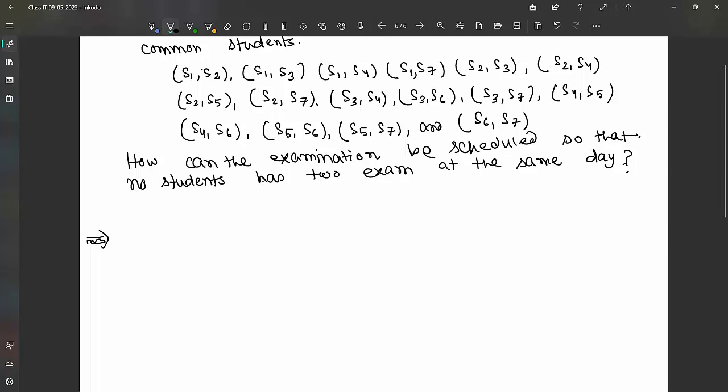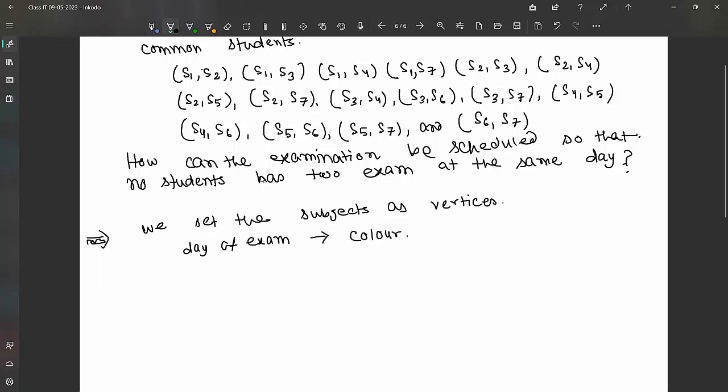So the subjects, we set as vertices, and the day of examination is represented by the color, different colors. Now just draw the graph.